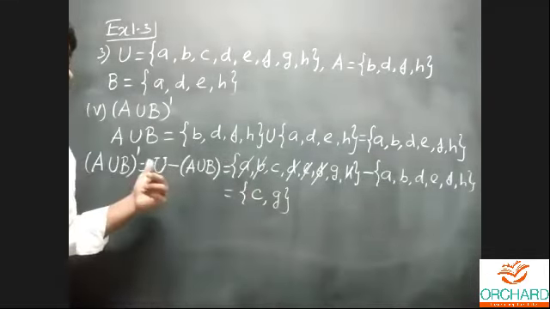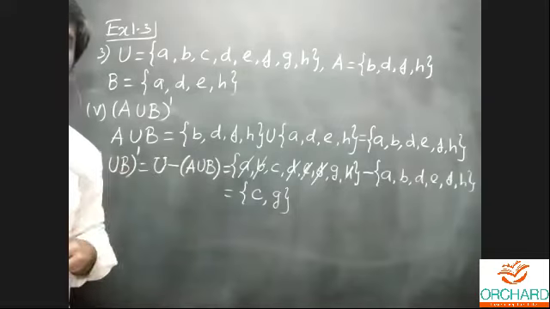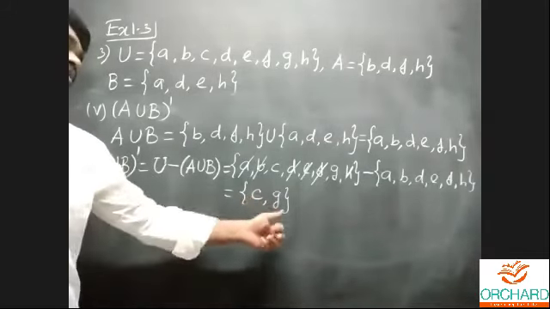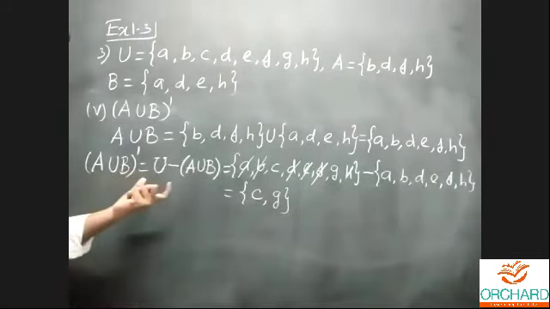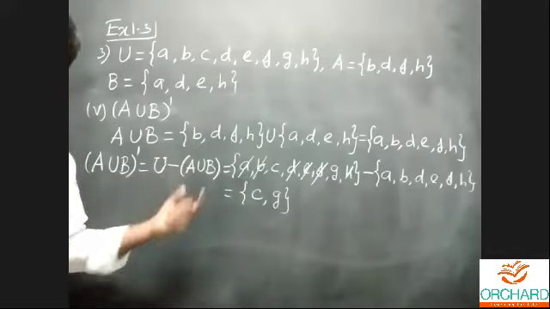So (A union B)' is nothing but the elements C, G. What does (A union B)' mean? Universal set difference A union B.